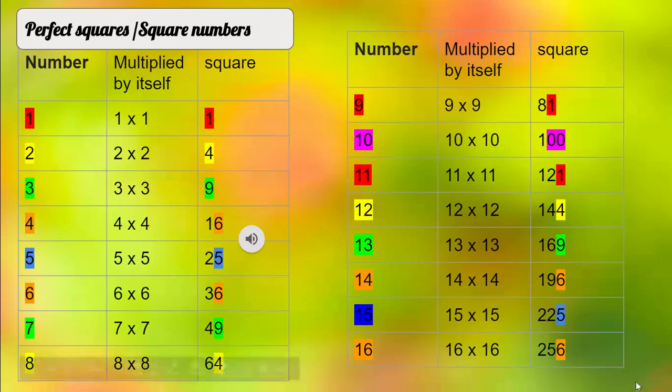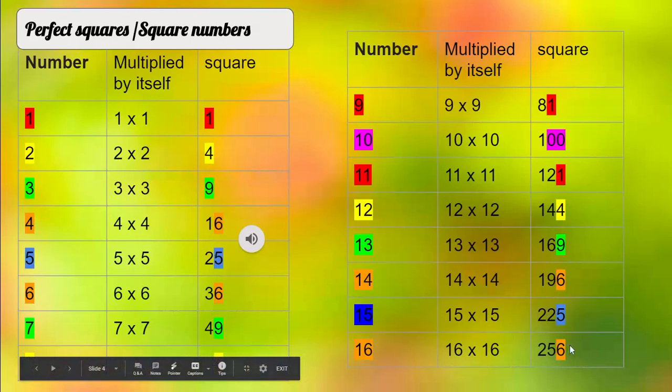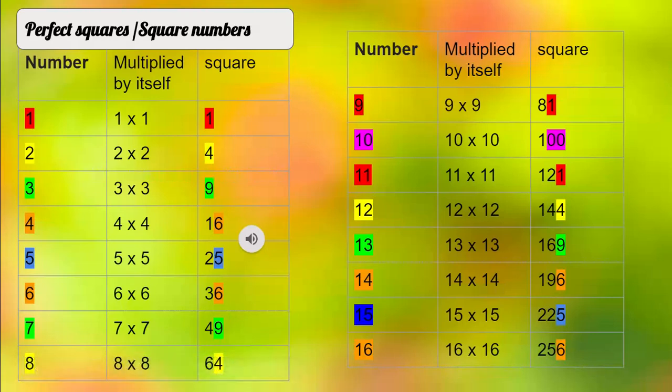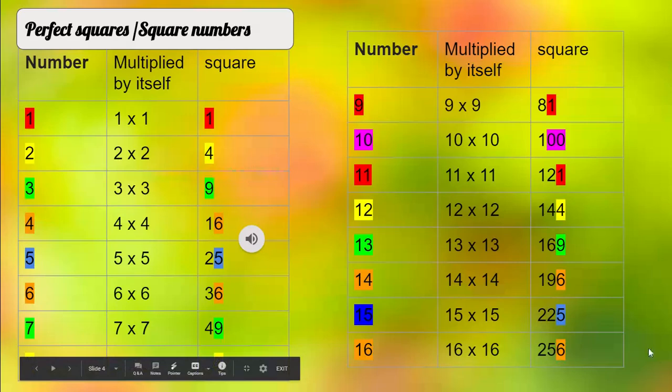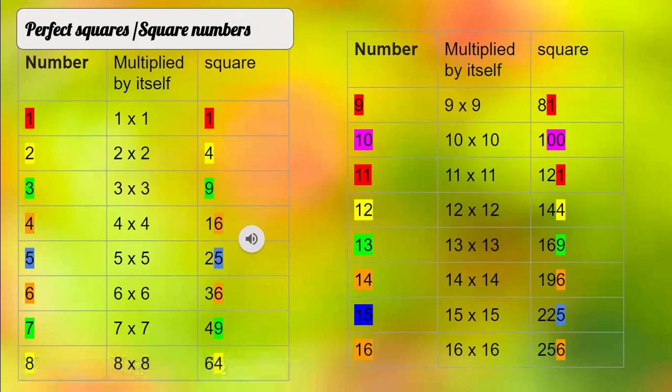One more interesting thing that we can see here: as the value of the perfect square increases, like earlier it was 1, then 4, then 9, then 16, and so on, do you notice that the number of non-perfect squares is also increasing? Initially between 1 and 4, there are two non-perfect squares. Between 4 and 9, there are four non-perfect squares.